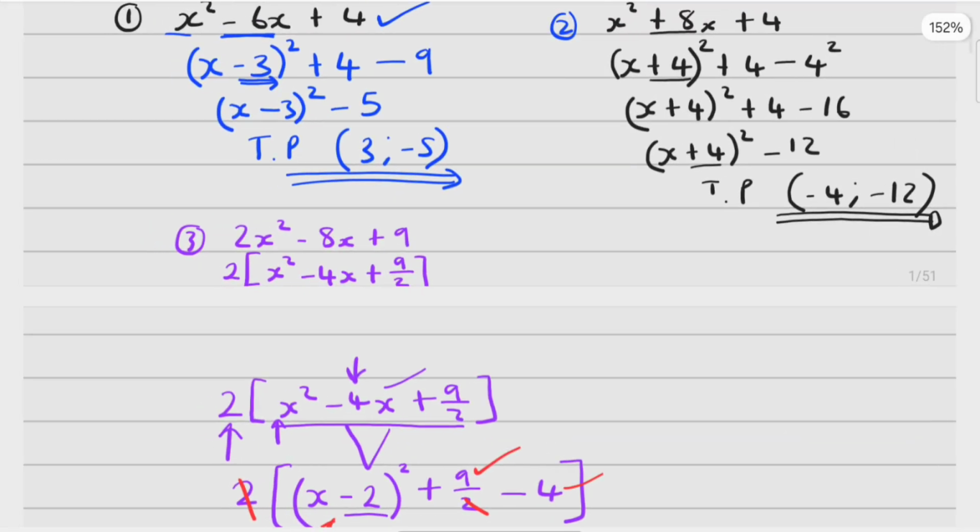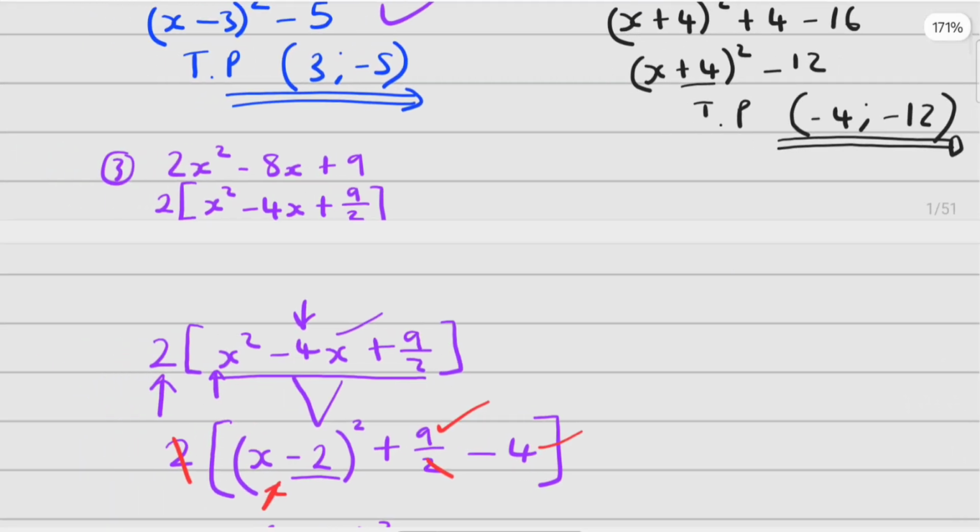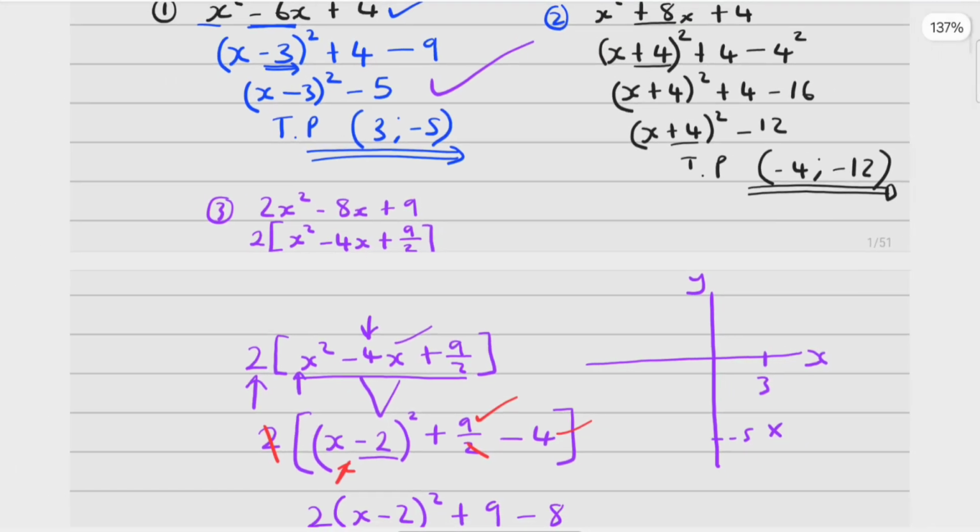So if we're asked to sketch this, for example, we'll just put our y-axis and our x-axis like this, right? Then we put our 3 minus 5, so that's 3 and minus 5 here, right? Then we put a point like that.